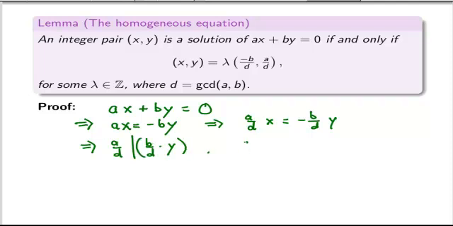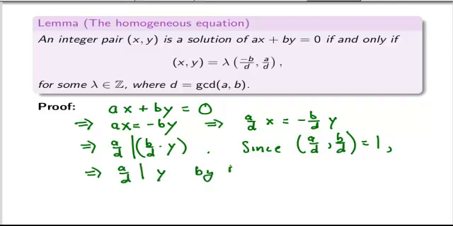But since the GCD of a over d and b over d is 1, we've divided out any common factor. By Euclid's lemma, we get that a over d is in fact a divisor of y. And that means that a over d times some lambda equals y for some integer lambda.